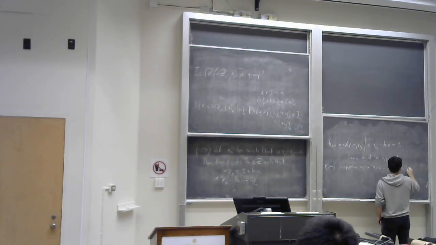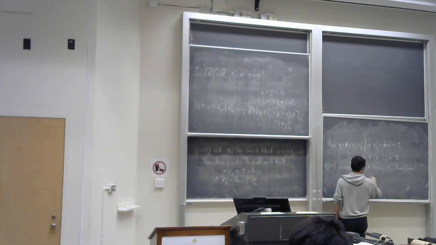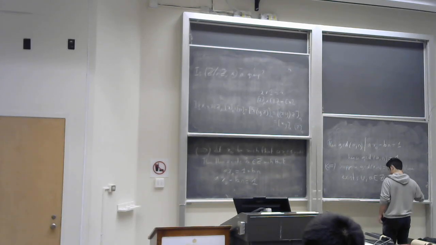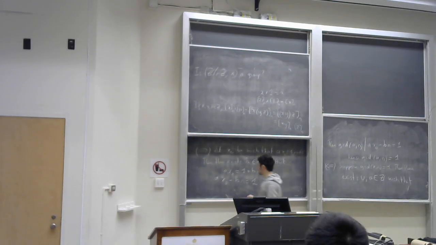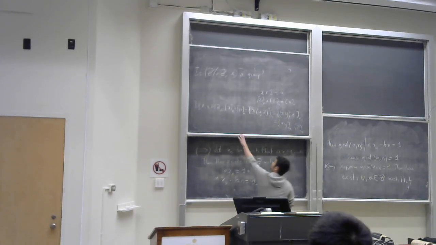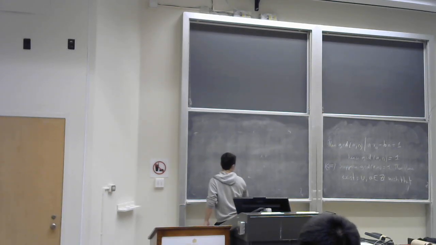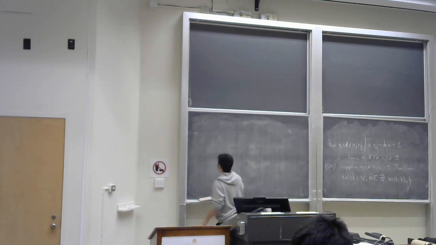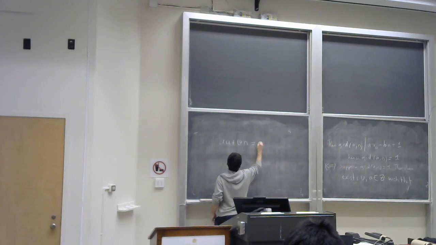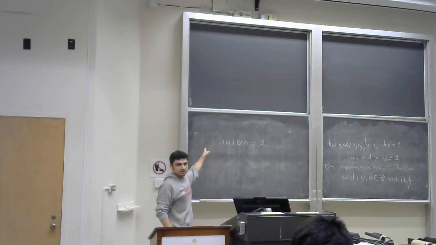Then there exist u, v in Z such that au plus vn is equal to 1. Now, if au plus vn is equal to 1, take both sides modulo n.